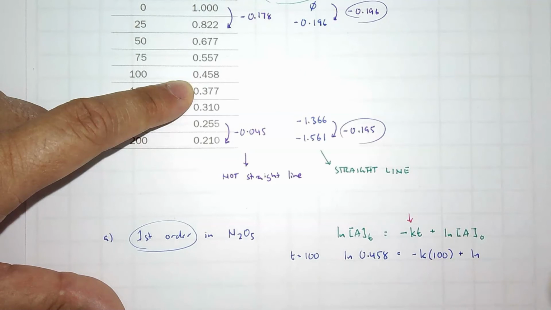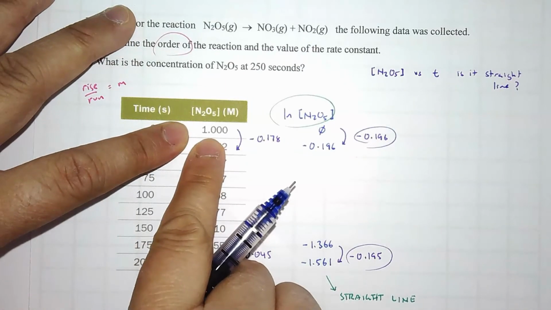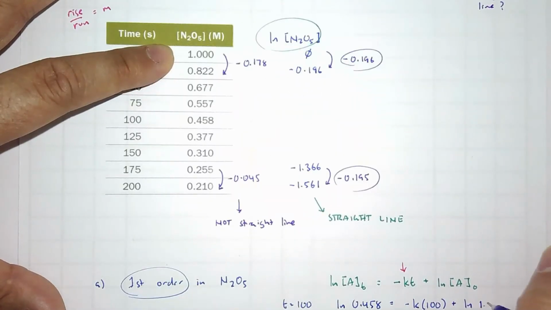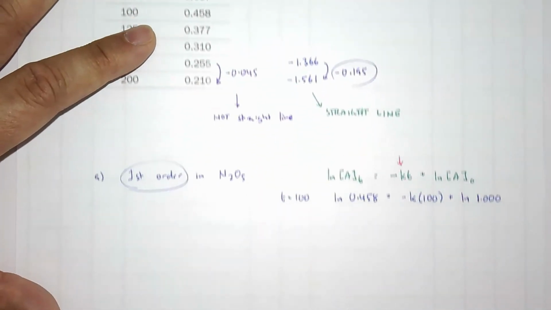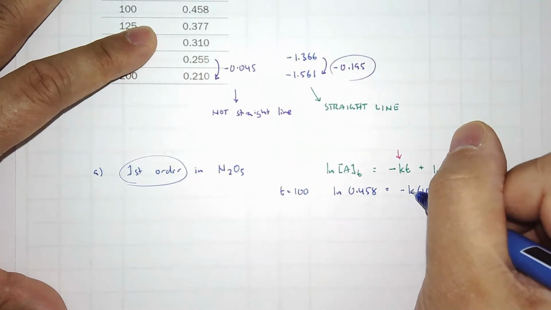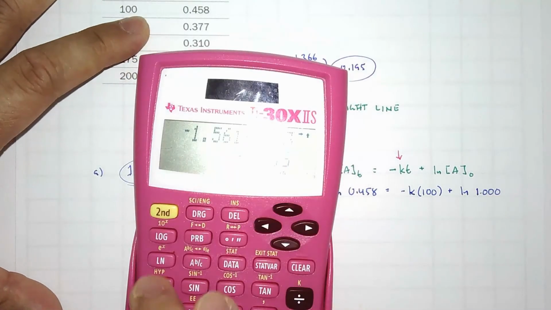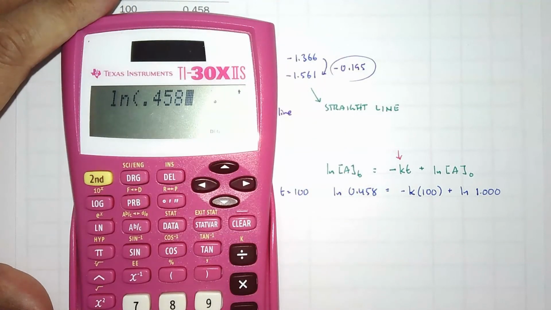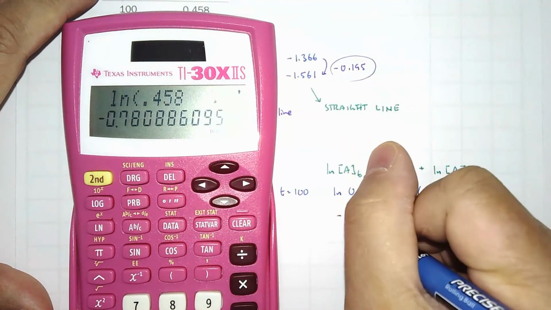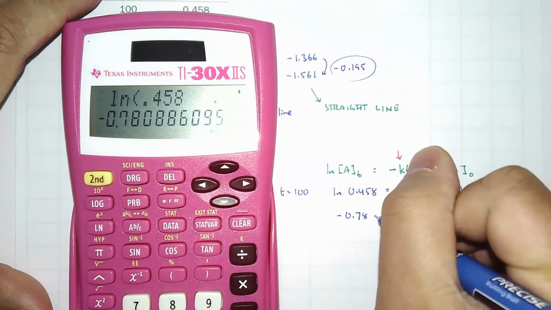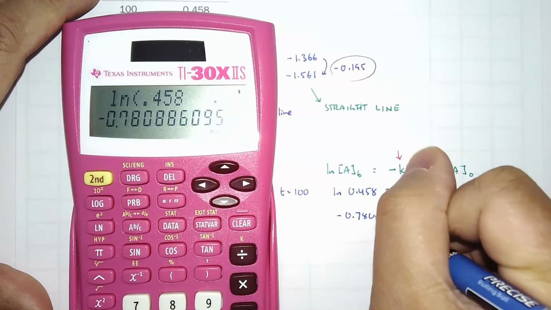Plus ln of the initial concentration, which is 1.000. We are solving again for k. Okay. ln of 0.458 equals negative 0.78. I don't want to round yet.